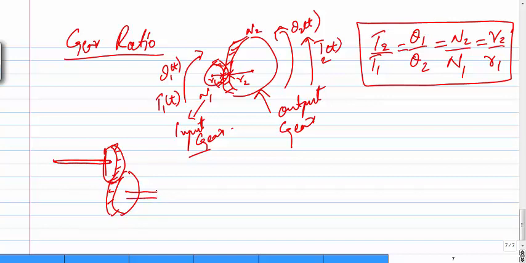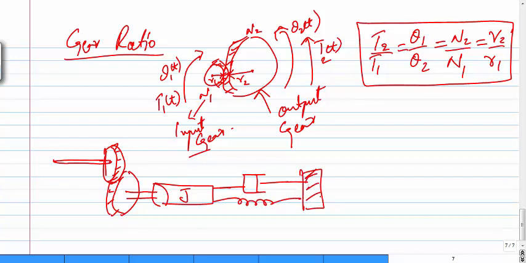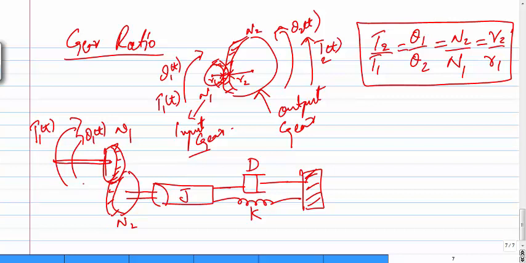This is connected with the inertia J, and a damper and a spring connected with a rigid body. So we say that the damper is D, the spring is K, the number of teeth here is N2, the number of teeth here is N1, the applied torque is T1, with the angle theta 1 of t. The other one is moving in this direction with theta 2 of t.